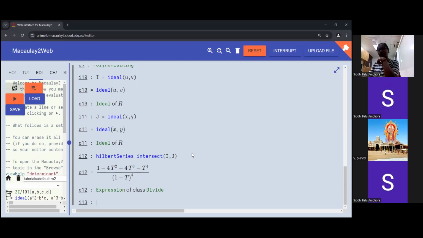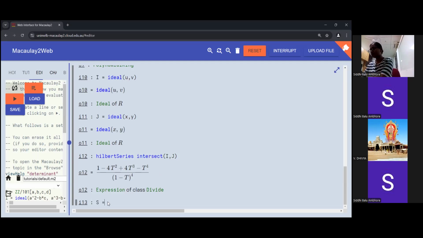And what did we calculate? We calculated it to be 1 minus 4t square plus 4t cube minus t power 4 by, so if we multiply and divide, let me just do this here.